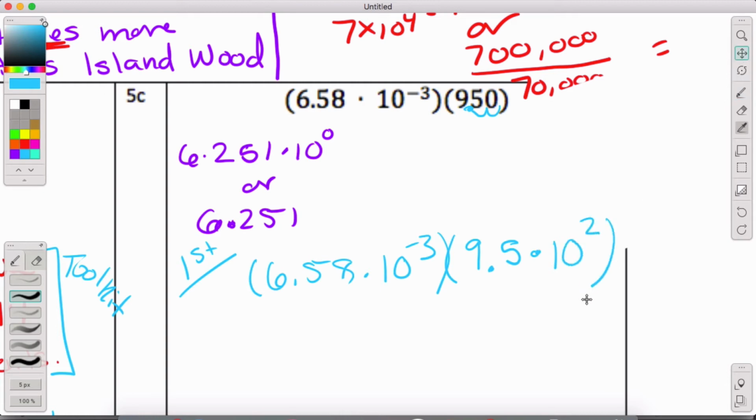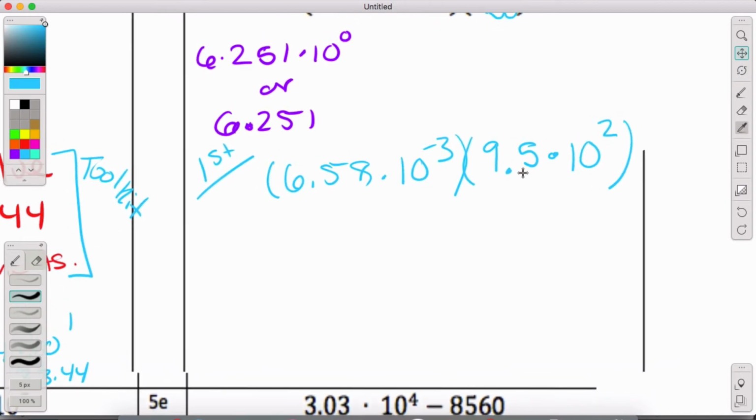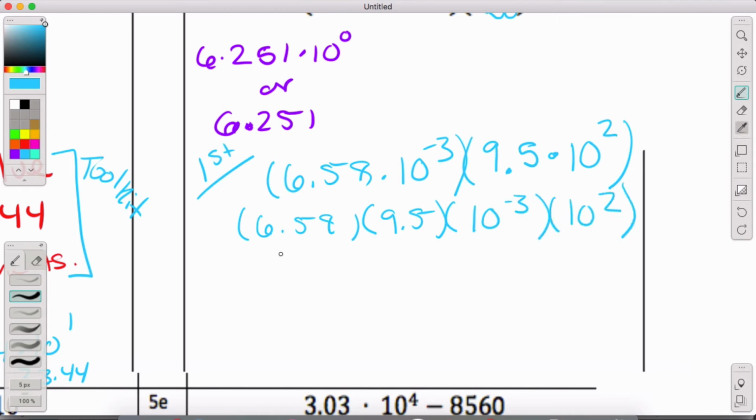Okay, so what you do here is you group your d values and you group your base 10s. So you would multiply 6.58 by 9.5 and then have your 10 to the negative 3 and your 10 to the second power. You will multiply these together, resulting in 62.51.